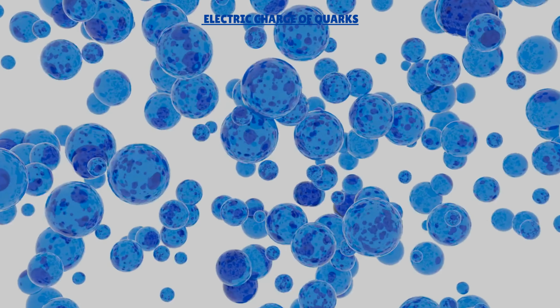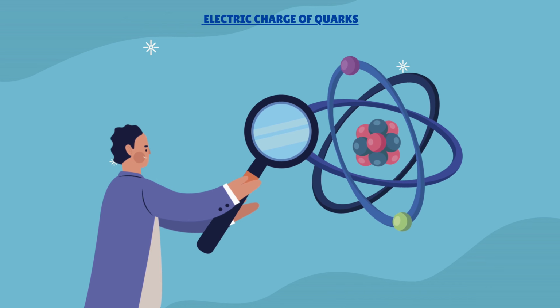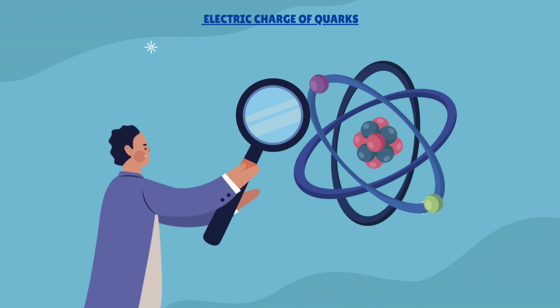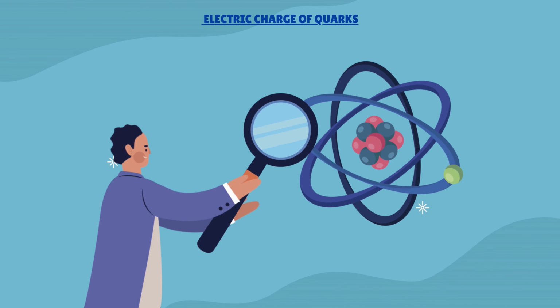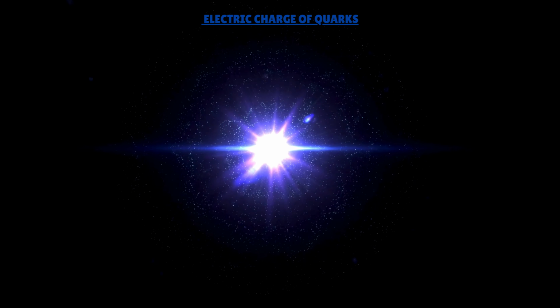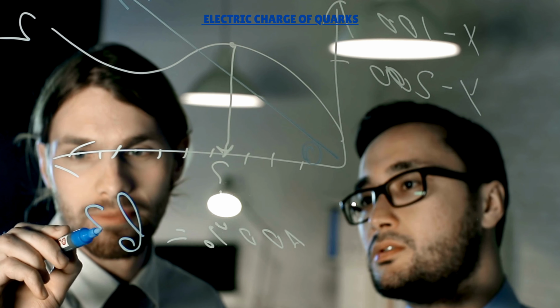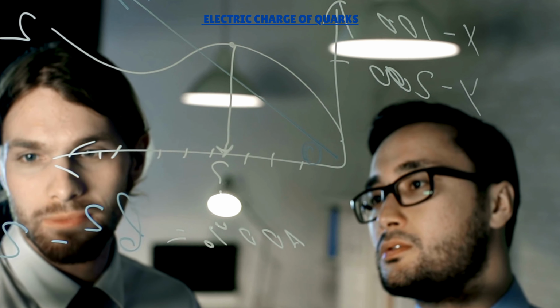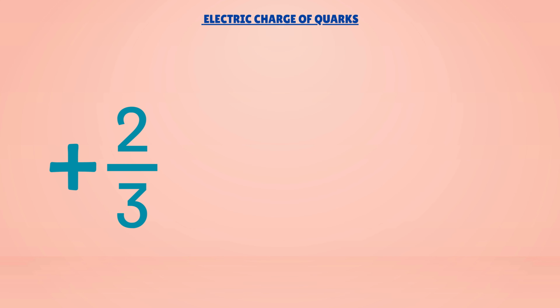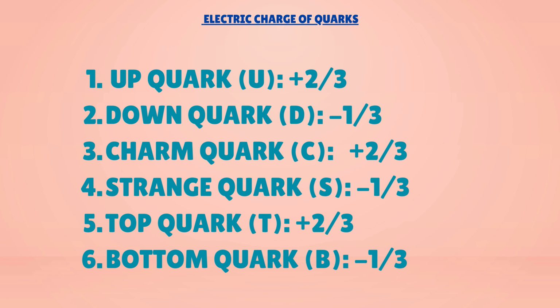Once quarks were discovered, scientists needed to figure out how these quarks combine to give protons and neutrons their charges. To determine the charges of quarks, scientists conducted high-energy particle collisions in particle accelerators. Through these experiments, they confirmed that quarks carry fractional electric charges of +2/3 or -1/3, depending on the type of quark. Here is the list of quarks and their charges.